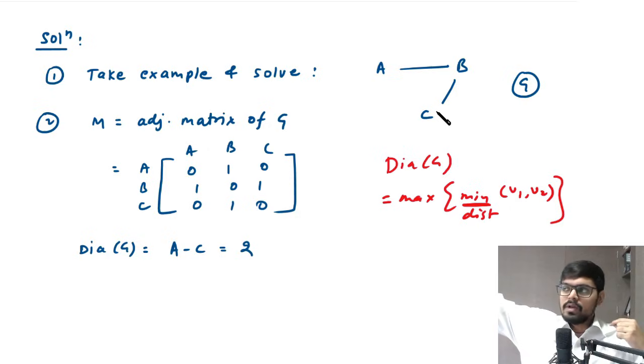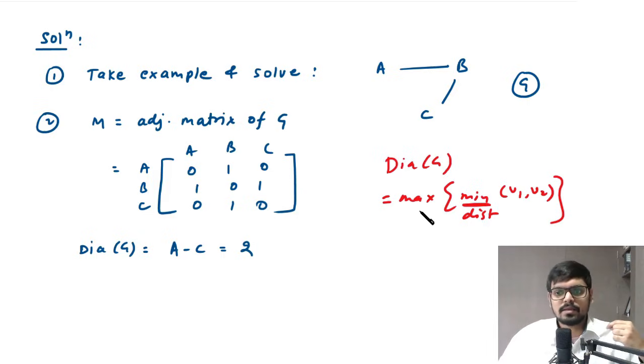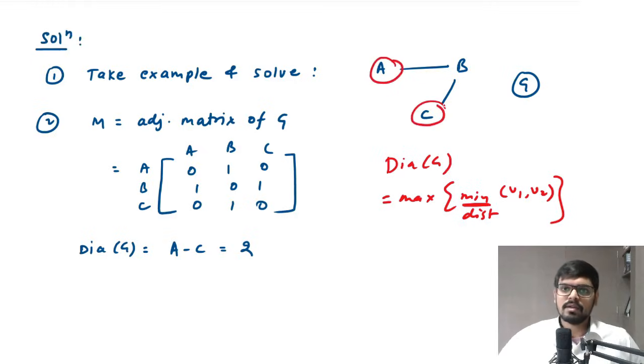or the very opposite or very far vertices, that only will give you the diameter, since the diameter is the maximum shortest distance, right? So if I take vertex A and vertex C, they are very far apart, and you can see traveling like this, two edges are needed.